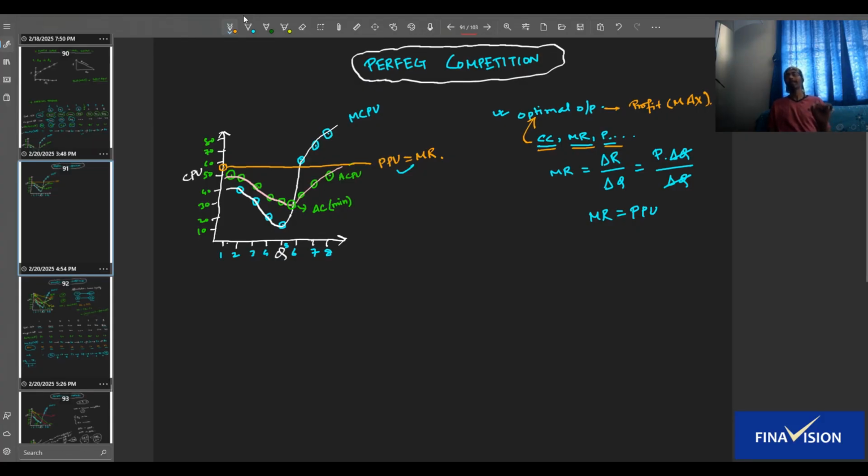Now, what is that point? It is the output at which marginal revenue is exactly equal to the marginal cost. So friends, how do we find it in this graph? We have to find out the point of intersection between marginal revenue and marginal cost. So that point is easy to find, friends.